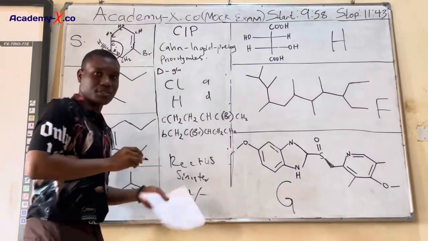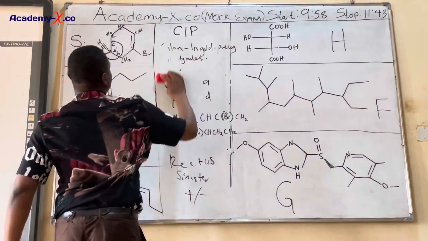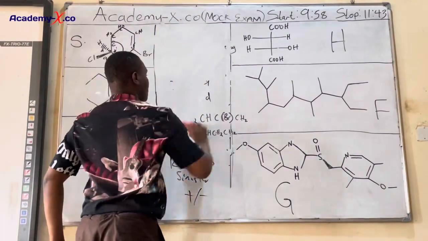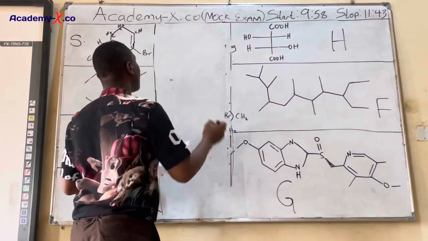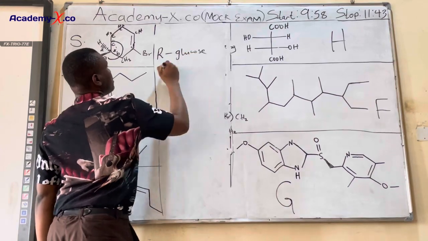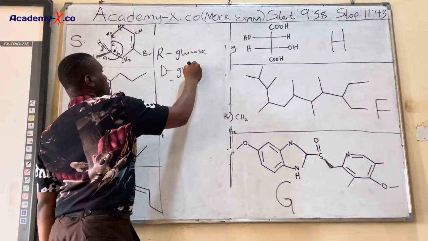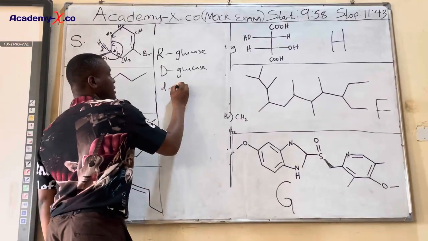Okay, let's differentiate between two things now, that you know the kind of things that you might bring up. If I have, let's assume, R-glucose, D-glucose, and tiny d-glucose.